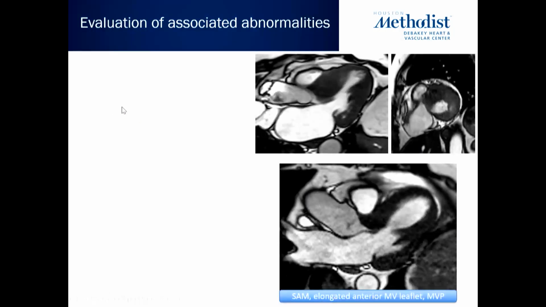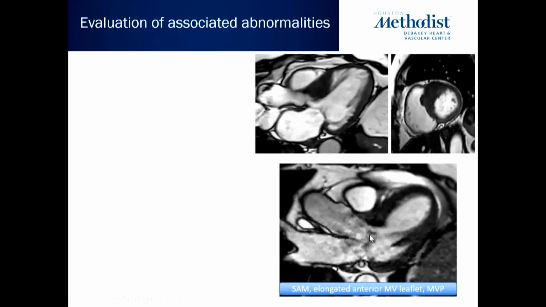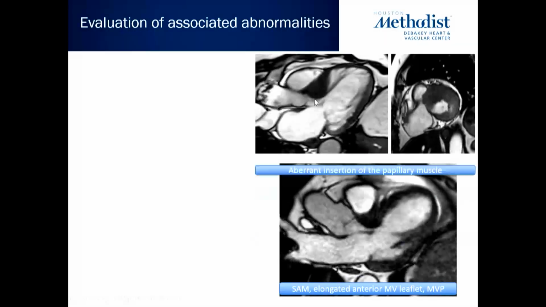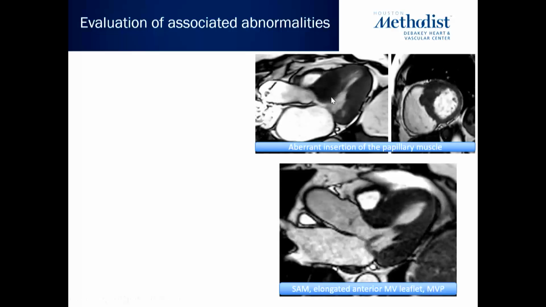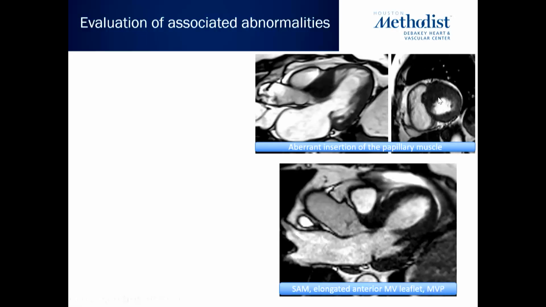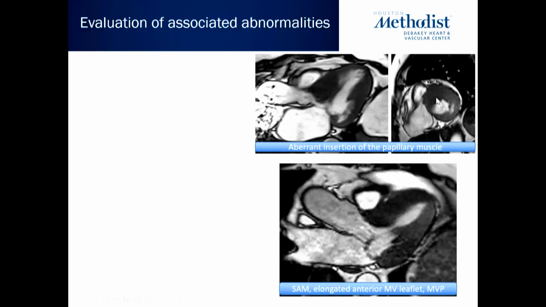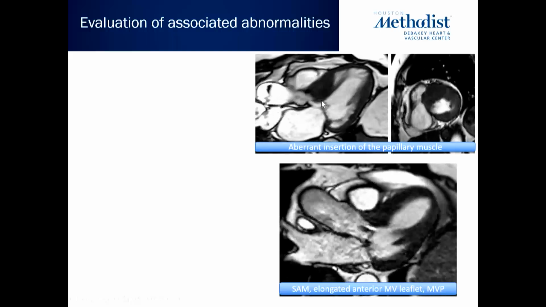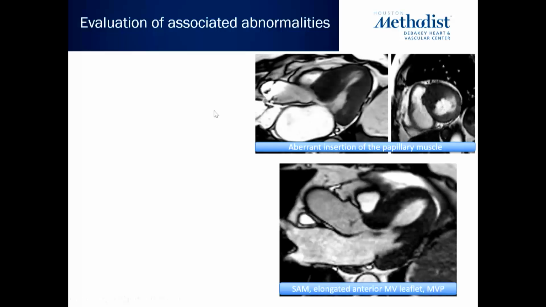Associated abnormalities Dr. Nagueh discussed. So look for the elongated anterior leaflet. Some patients will have concomitant MVP, and then aberrant insertion of the papillary muscle. Notice this area here actually is not all of the anterior septum, but it's actually the anterior papillary muscle being anteriorly displaced and also inserted very high up here.